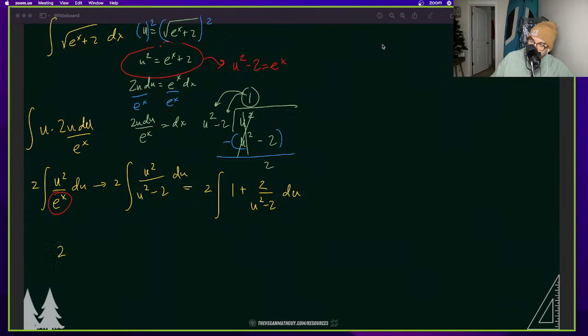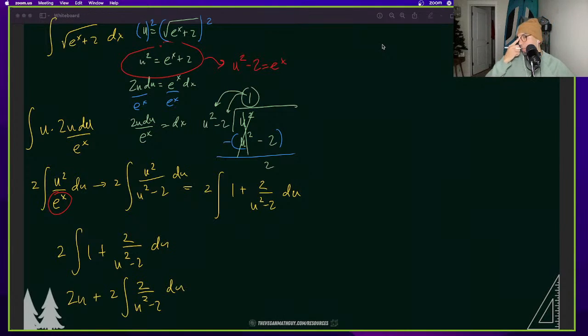So we have 2 integral of 1 plus 2 over u squared minus 2 du. That first one is pretty simple. It just becomes 2u plus, and then this is going to become 2 integral of 2 over u squared minus 2. Yeah, I don't want to do partial fraction decomposition.